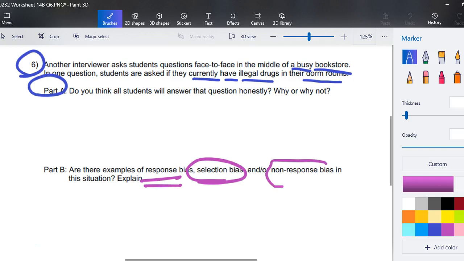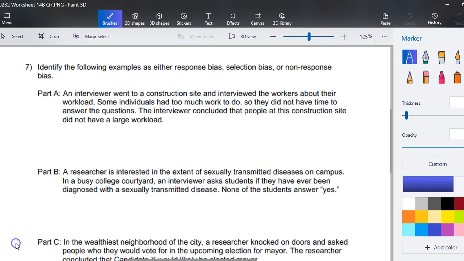There could also be non-response bias, because people may not choose to answer this question in a public forum or anywhere, especially if they actually do have illegal drugs in their dorm room, leading to uneven exclusion of certain subgroups.